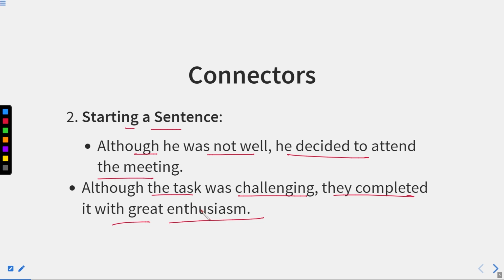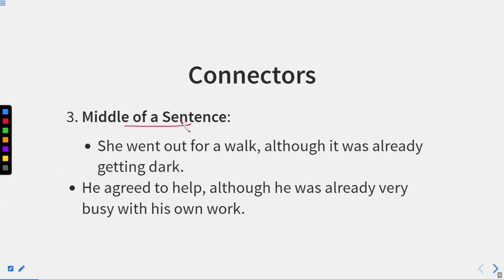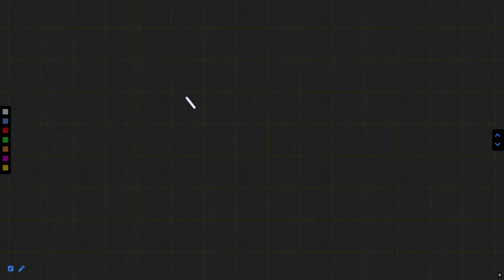Okay, now let us move to the next one. Now it can be used in the middle of the sentence. Now what happens if you are using although in the middle of the sentence? For example, let me take an example.